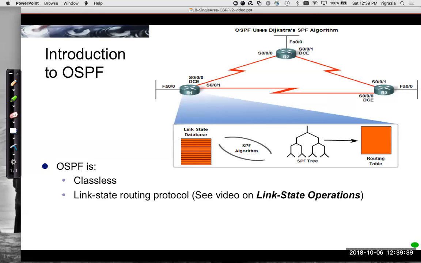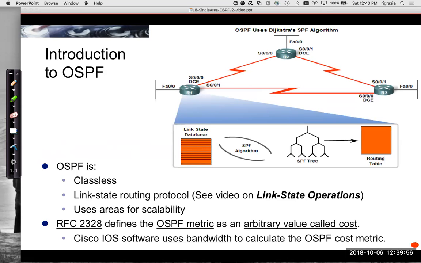It is a link state routing protocol, so see my video on link state operations for more information on that. It uses areas for scalability, so we'll be doing a video on multi-area OSPF. The current RFC for OSPF v2 is RFC 2328, which defines the OSPF metric as an arbitrary value called cost.